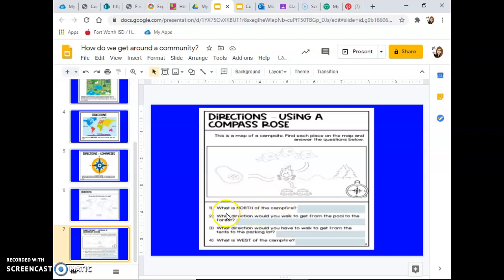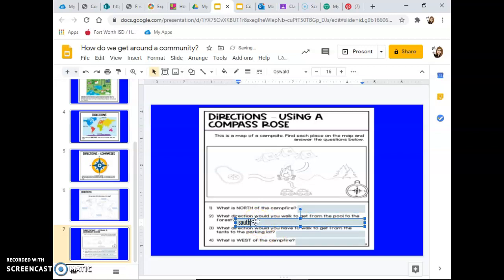What direction would you walk to get from the pool to the forest? Again, you're starting at the campfire. How do I get to the forest? What direction is that? Now remember, your boxes, you can write your answers in. So would I go south or north?